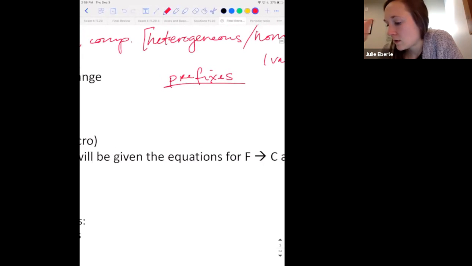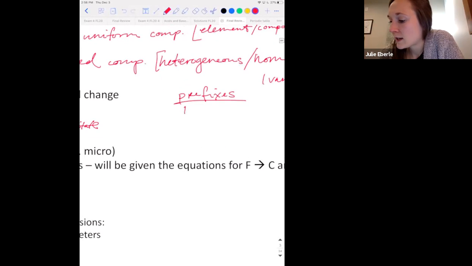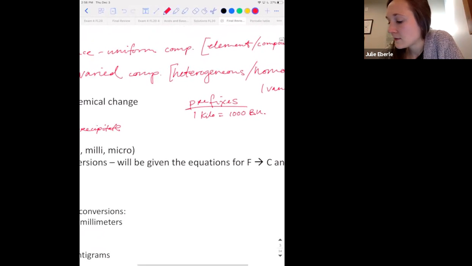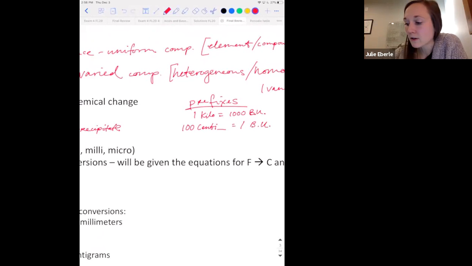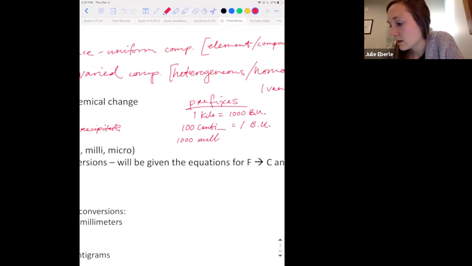Okay. So remember that 1 kilo equals 1,000 base units. I'm going to abbreviate base unit. Next was centi. Centi is smaller. There's 100 centi, whatever, centigrams, centimeters, centiliters, in 1 base unit, be it a gram, meter, or liter. Milli, there was 1,000 of these in 1 base unit.